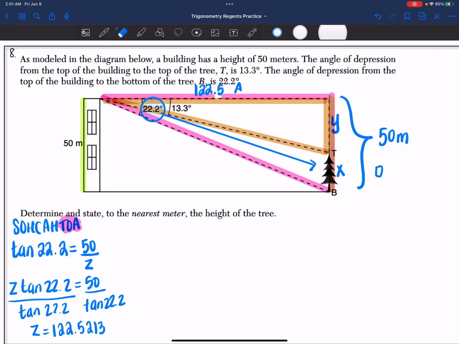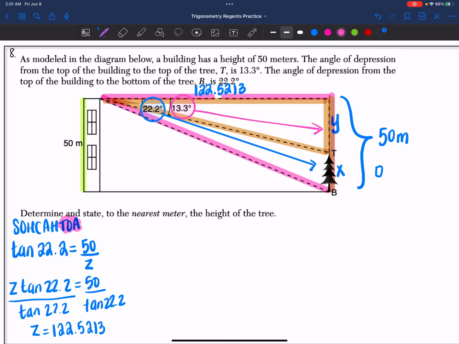Now, I know that z is 122.5213. And now I'm looking at my orange triangle, and I'm standing here at 13.3. Now y is opposite, and my 122 is my adjacent.